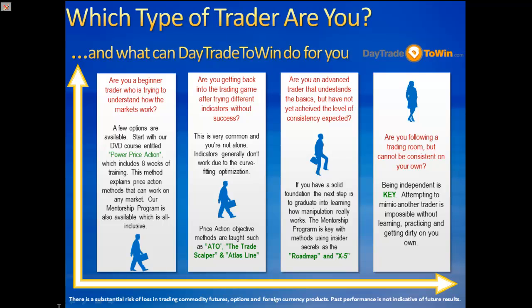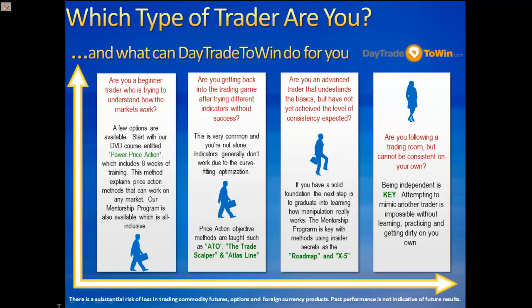Now, if you are following a trading room, but you can't be consistent on your own, this is an issue that traders have when I talk to them. They really can't do it on their own, and they can follow somebody by just buying and selling after the fact. But using a trading room to learn to trade is typically not the best option.